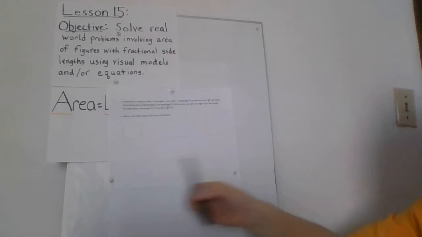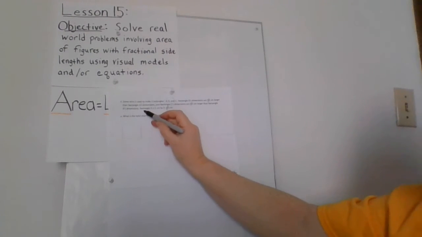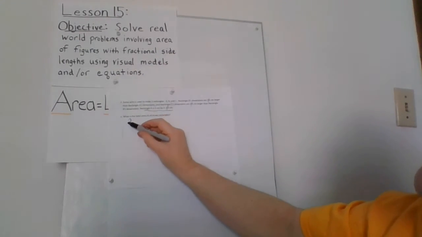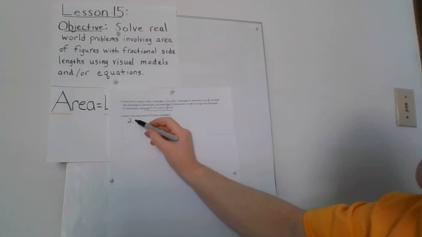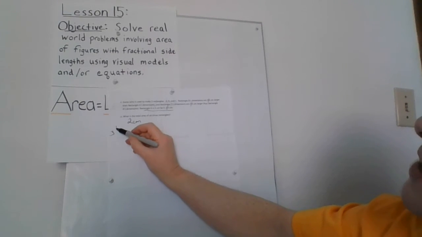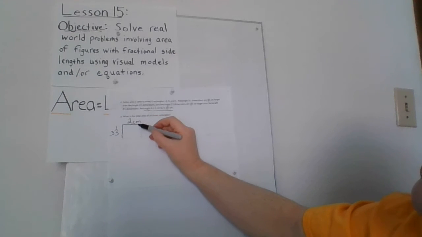So the only thing that we know for sure is that rectangle A has 2 centimeters by 3.5 centimeters. So let's draw our 3 rectangles.